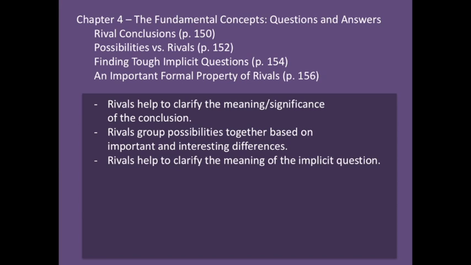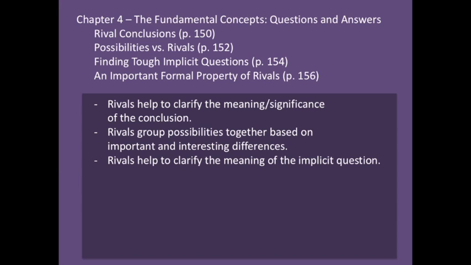So the basic idea of a rival is just a possible answer to the implicit question. But for any given question, there are going to be a virtually unlimited number of possible answers. And just picking any random sample of answers is not going to be very helpful for showing your understanding.